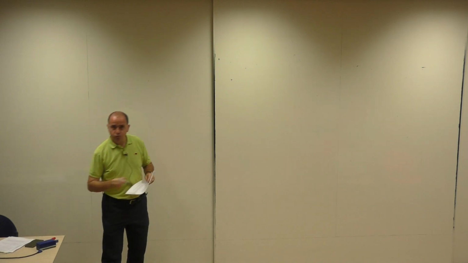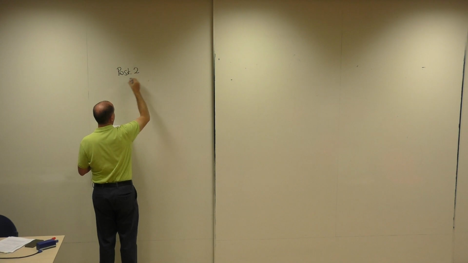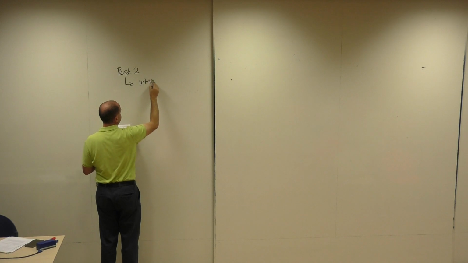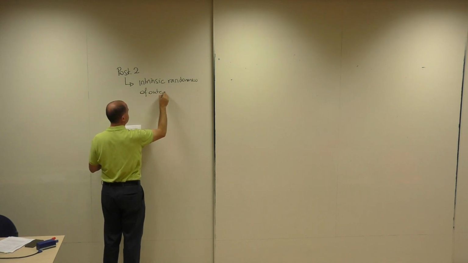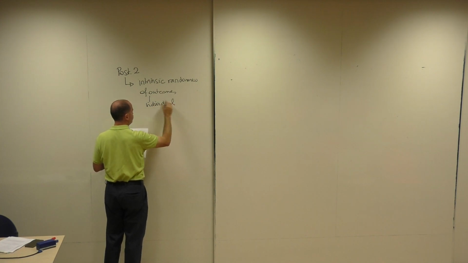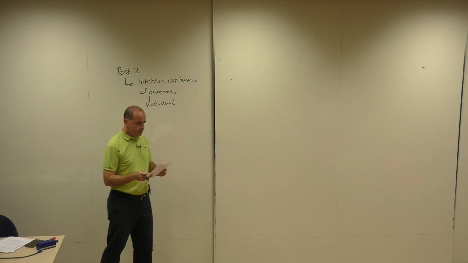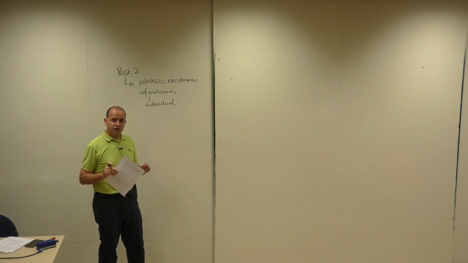We have seen that one of the elements of postulate 2 was the intrinsic randomness of outcomes, individual outcomes. Now, when is a measurement not going to give randomness?